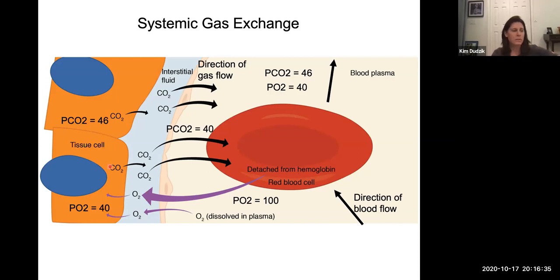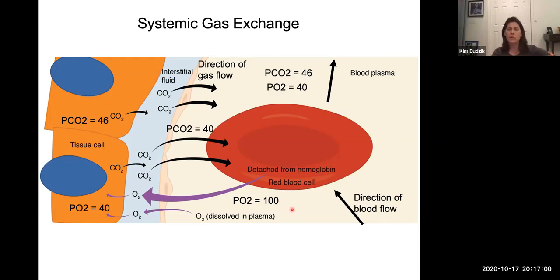Now, one thing we have to consider, however, is that oxygen does not dissolve in plasma very well. In fact, as soon as the oxygen starts to dissolve in plasma, the partial pressure of oxygen in the plasma goes up.